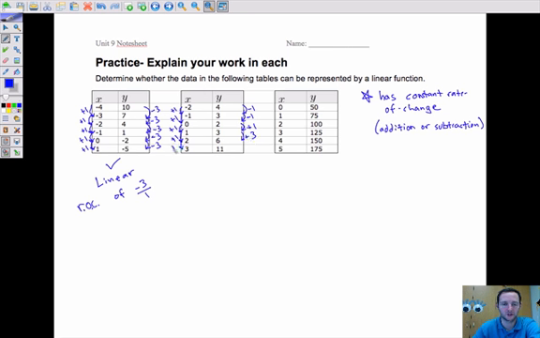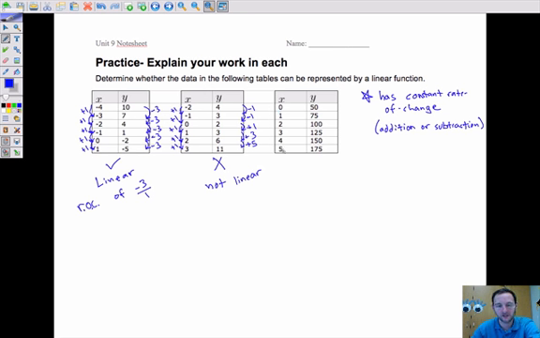X goes up 1, y goes up 5. So for a few of these points, we have -1 over 1, -1 over 1, but then we have +1 over 1, and then we have 3 over 1, and then we have 5 over 1. So this rate of change is not constant, so this is not linear. Okay?